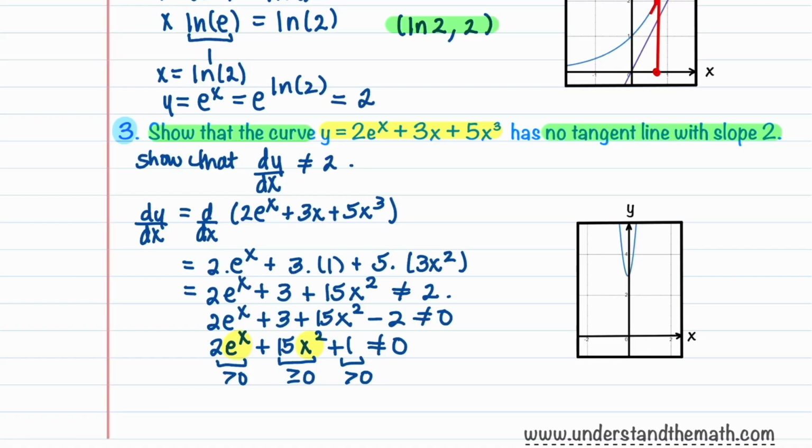When we add these three terms, we get an expression that is greater than 0, and that tells us that it is not equal to 0. So we have shown that 2e to the x plus 3 plus 15x squared cannot be equal to 2.